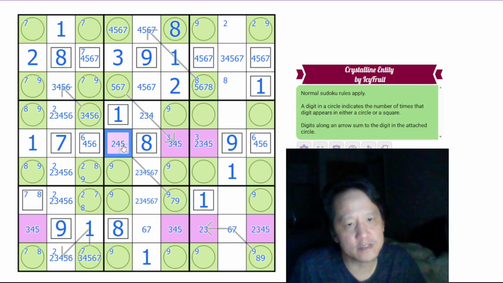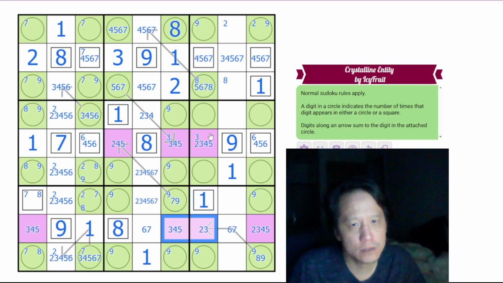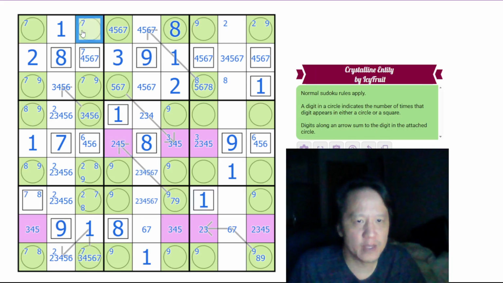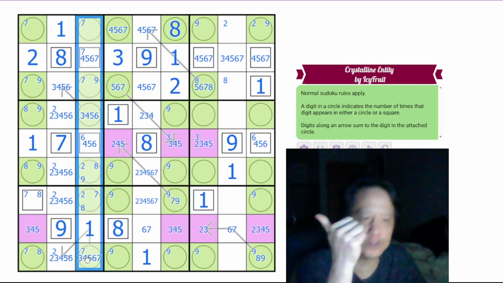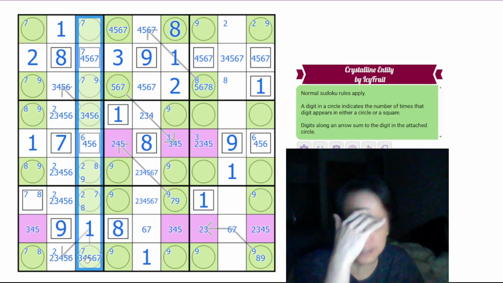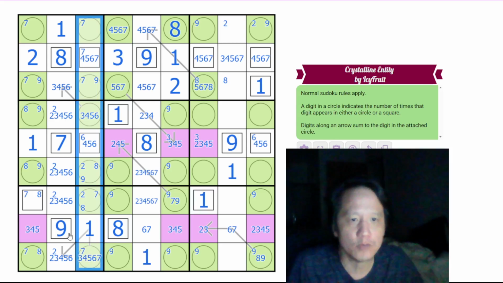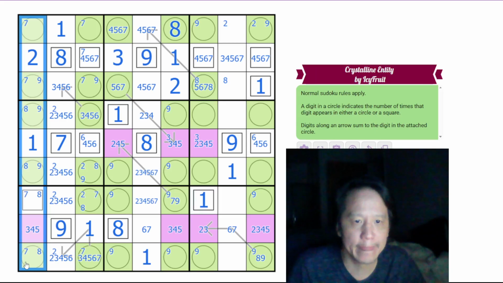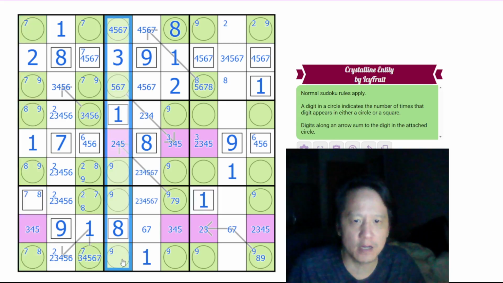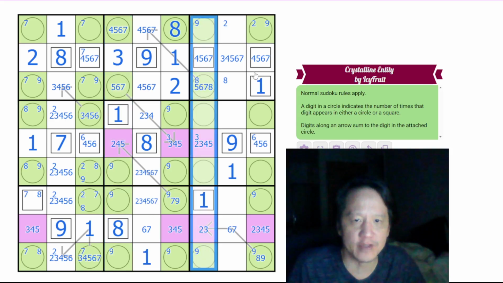One of these is a 2. Okay, in column 3, we have a 2, a 3, a 4, a 5, and a 6 already in circles or squares. We only have one more 2 available. That's not in column 1. It's going to be in columns 4, 7, or 9.